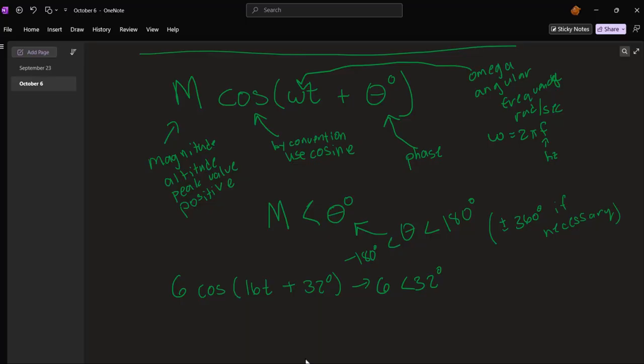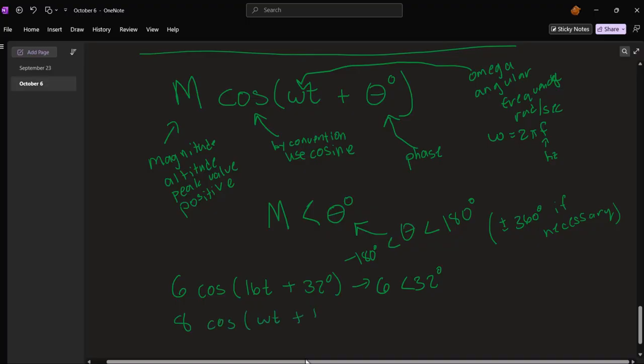If I had 8 cosine omega t plus 190 degrees, that's not between plus or minus 180.